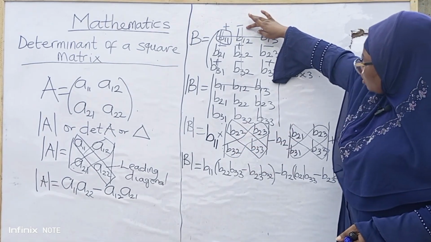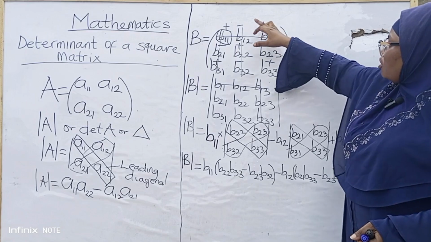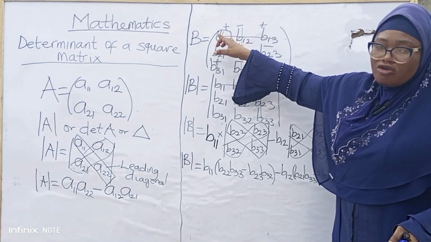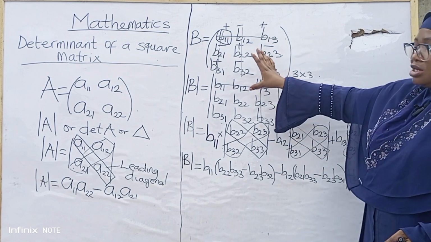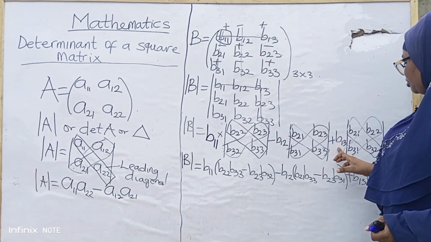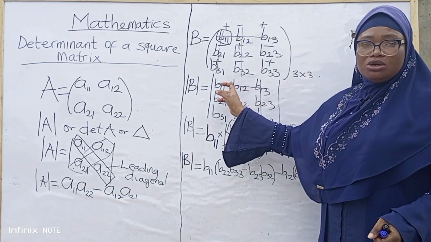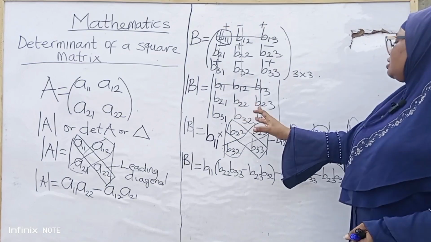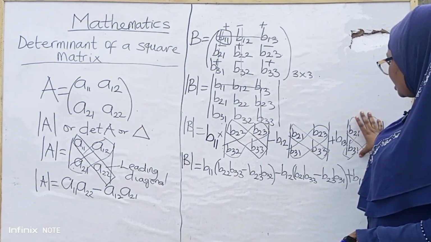Then the second one holds minus, so minus B12. You cover where it belongs vertically and horizontally, then you find the determinant of the remaining elements. Then plus B13. You cover where it belongs vertically and horizontally, then you find the determinant of the remaining elements.